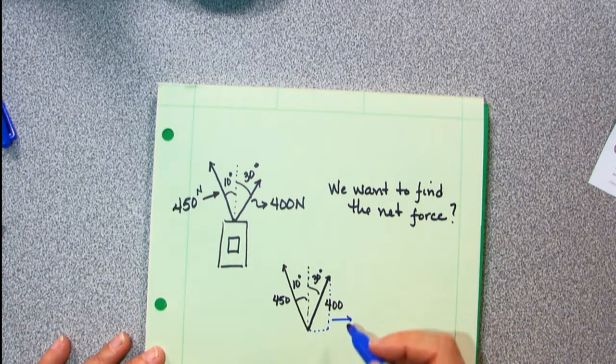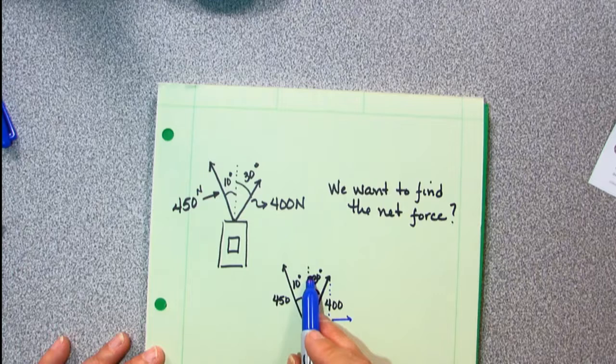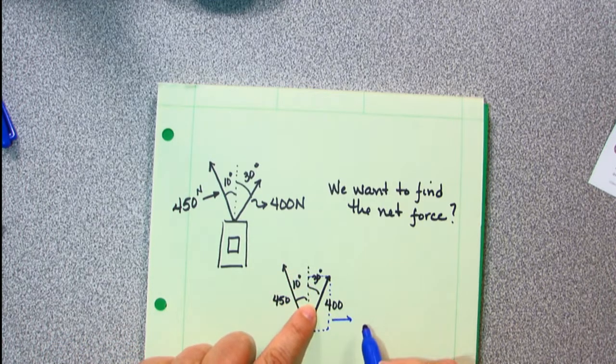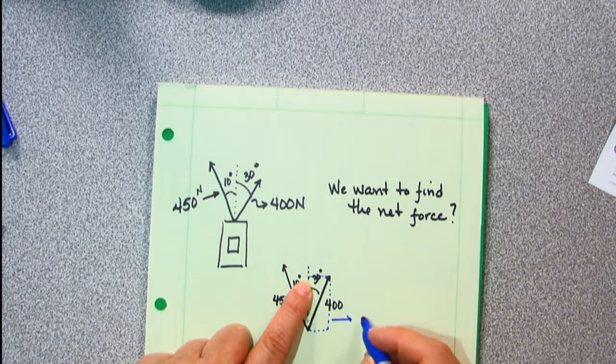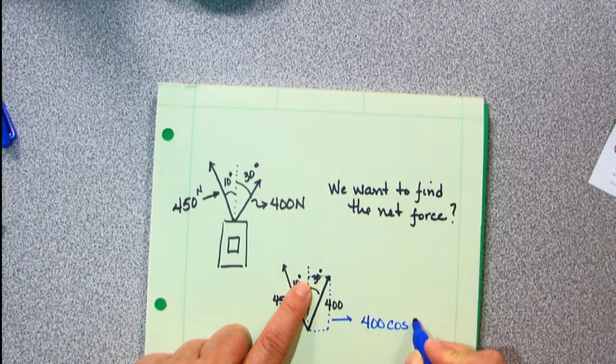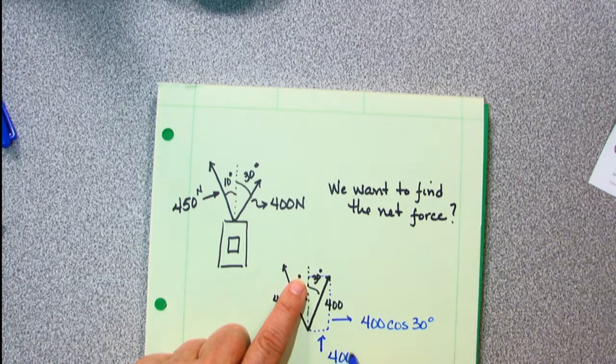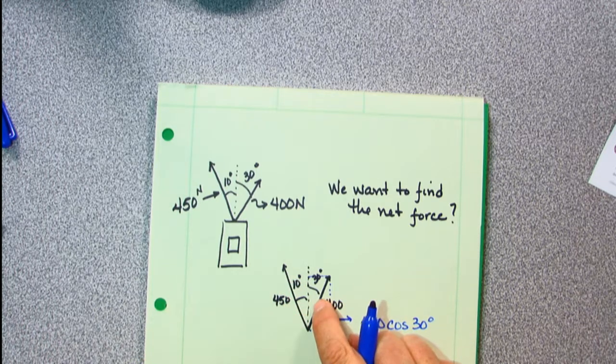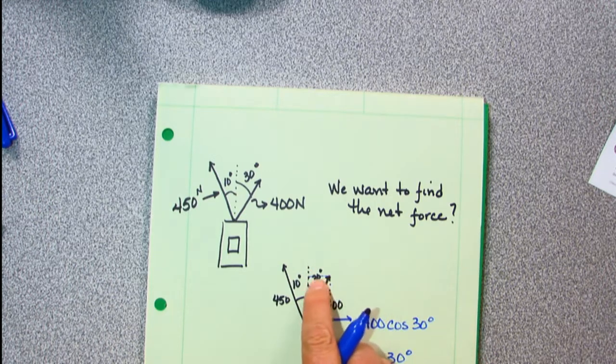This component, my 400, is going to be 400 cosine 30 degrees, and this one is 400 sine 30 degrees, because here's my angle, this is the adjacent side, and that's the opposite side.